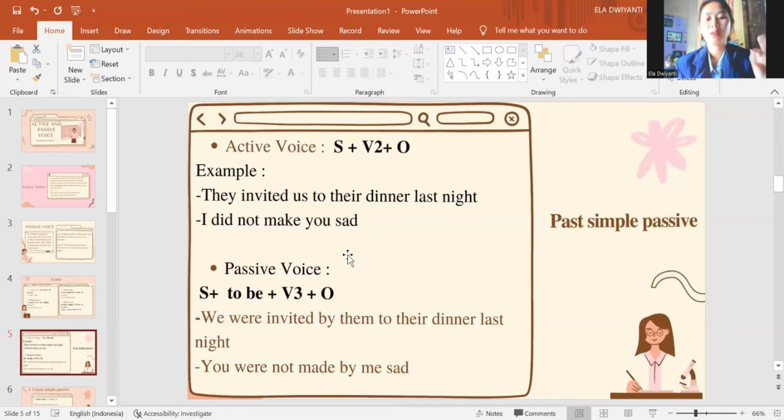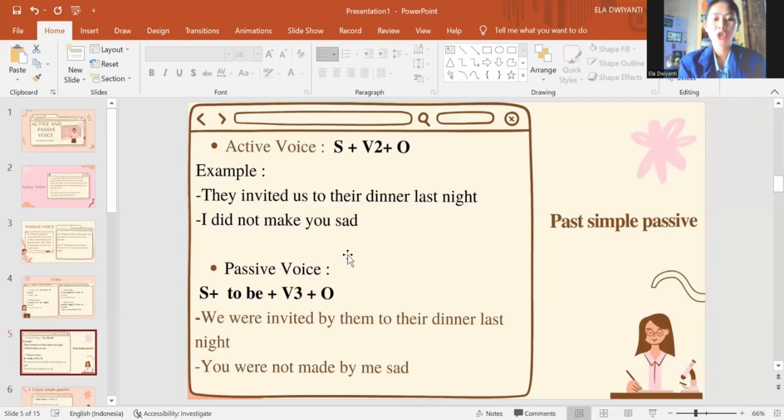The pattern is subject, to be, verb 3, and object. Okay. The subject in the passive voice is us from the active voice, and in the passive voice we change us to the subject, we.